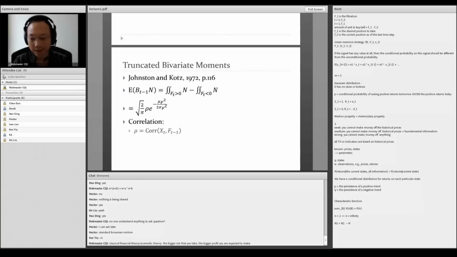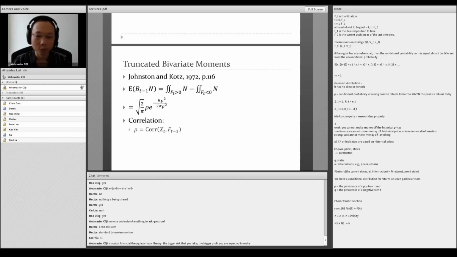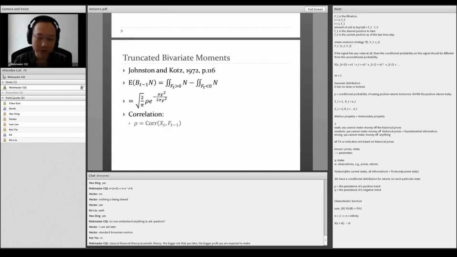One way to see rho is as the strength of how good your indicator is. Let's say rho is 1, it means there's a perfect correlation between your indicator and the asset return. So you have found a gold mine, right? If rho equals 0, it means your indicator is worthless, it's useless. There's no correlation between your indicator and the asset return. So we want rho to be as big as possible.